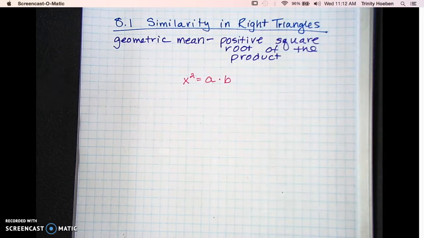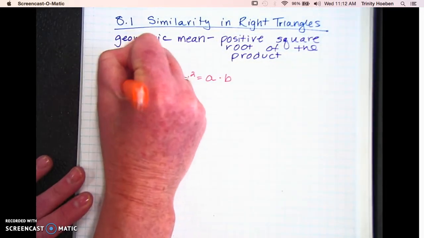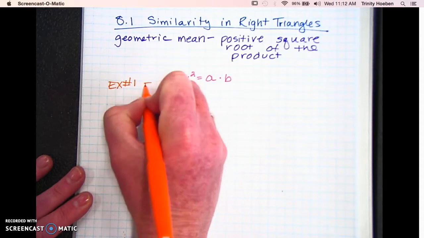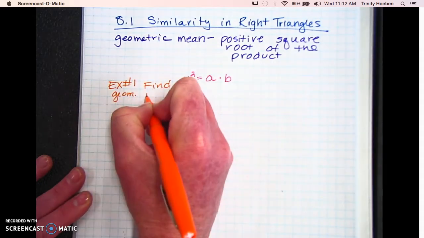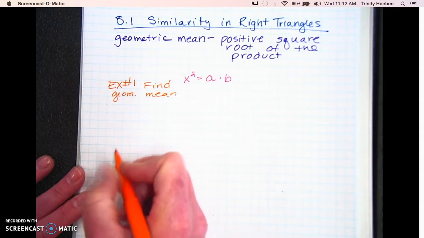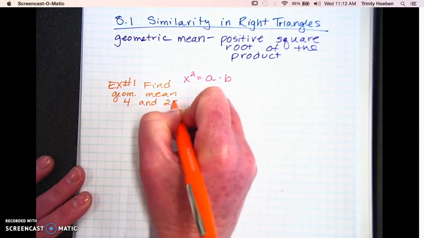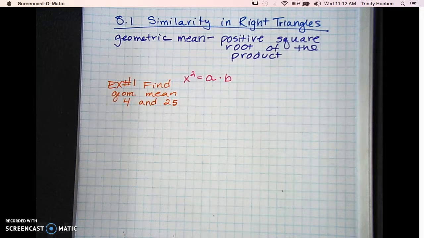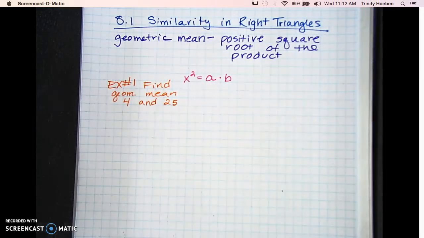Okay, so let's try it. Example number 1, we're going to find the geometric mean of 2 numbers, 4 and 25. The good news is that with the geometric mean, it's always just 2 numbers, whereas the algebraic mean, it could be 100 numbers, right?